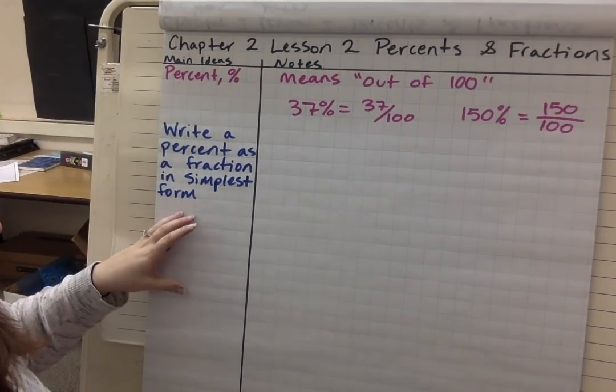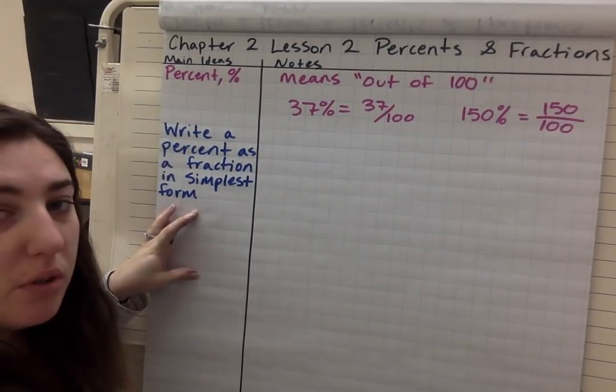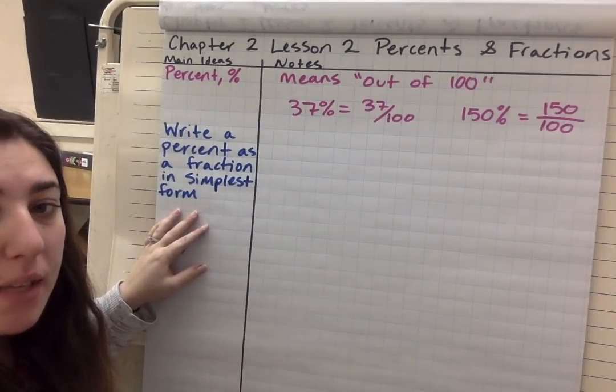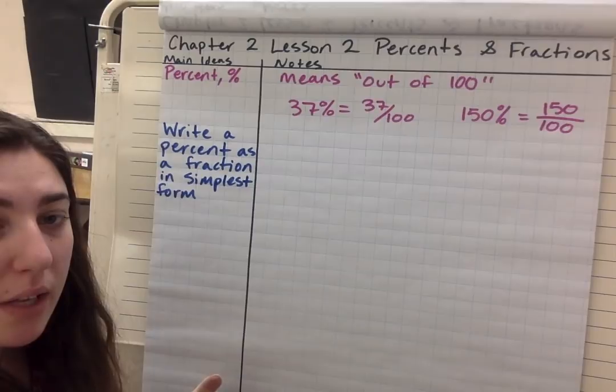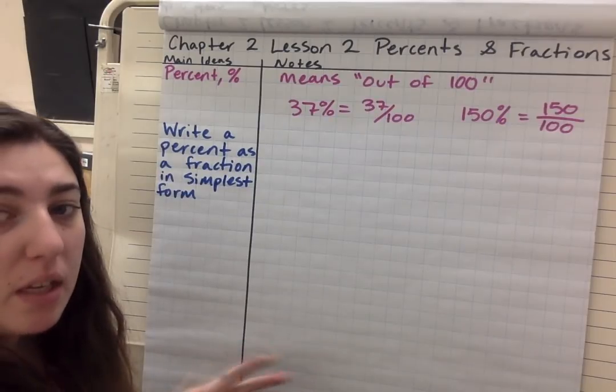Okay, so we're going to use two examples. And remember, to simplify means that we want to keep the fraction the same. We want it to be equivalent, okay? But we just want to make the numbers smaller.